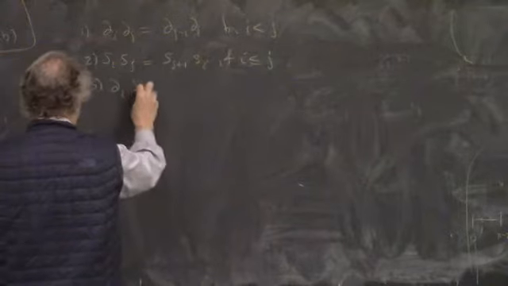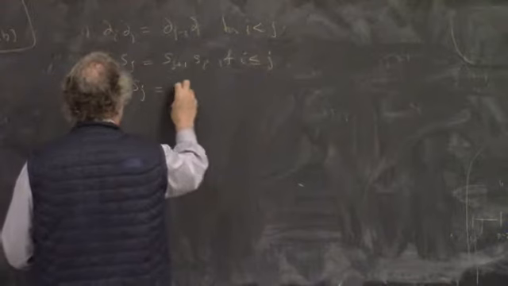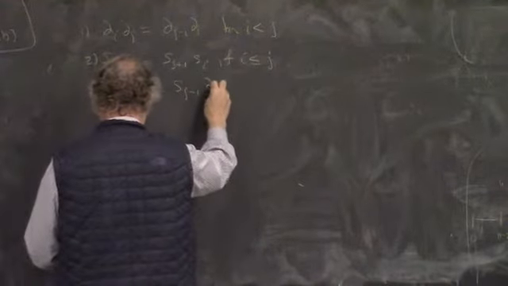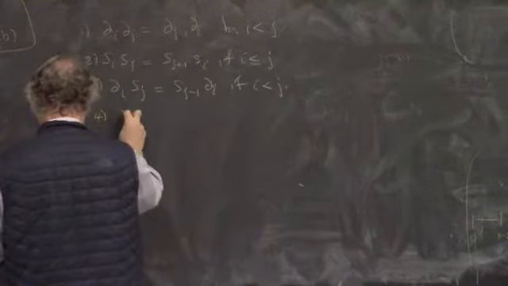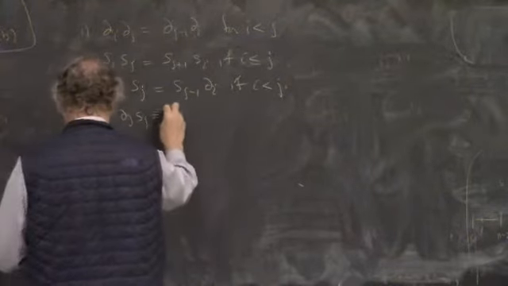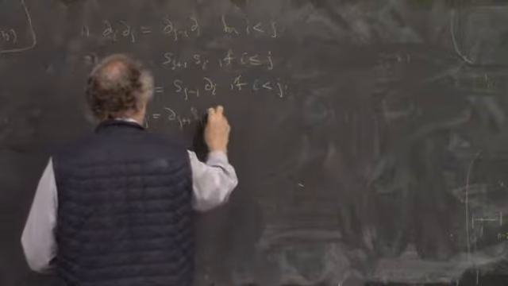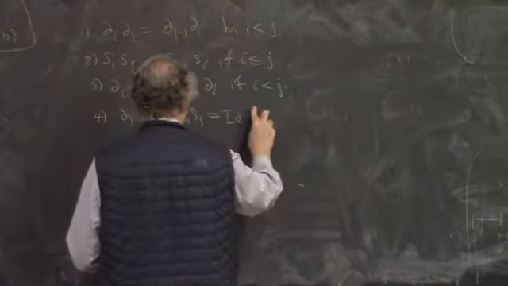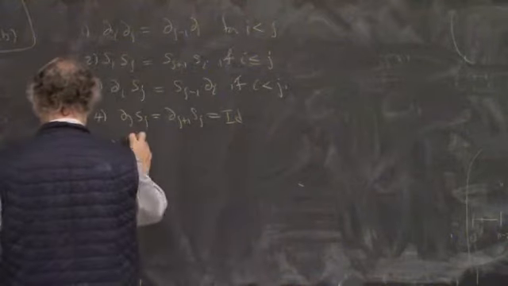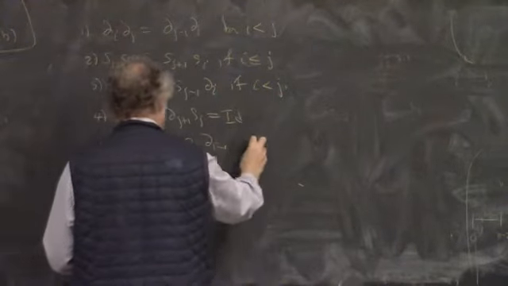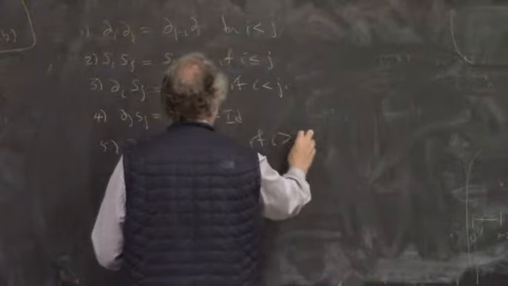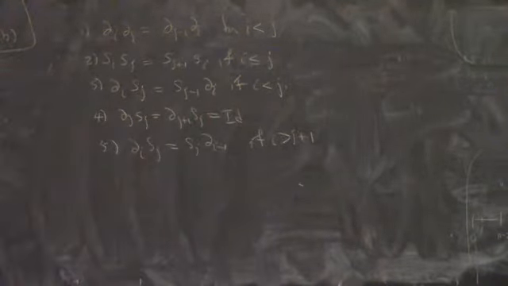And now there are rules for how to compose boundaries and degeneracies. And you can check all of these in exactly the same way I checked that one.